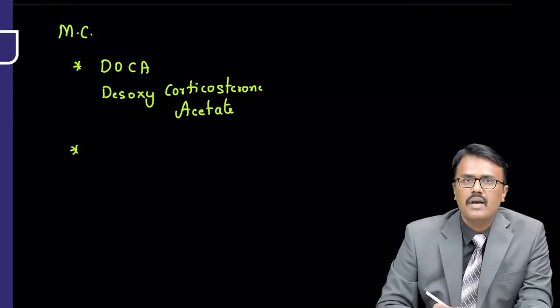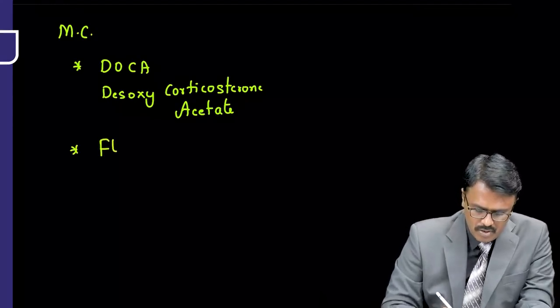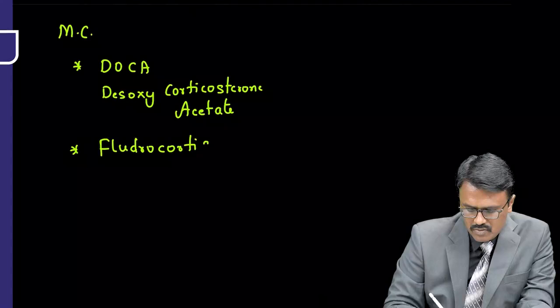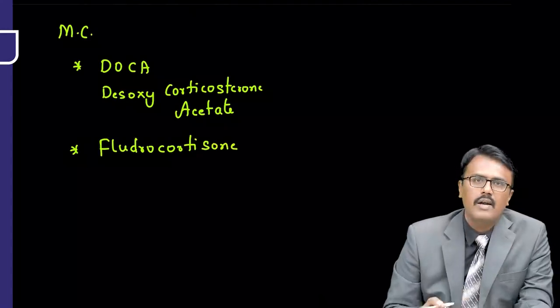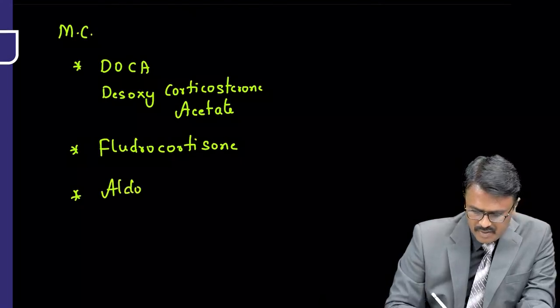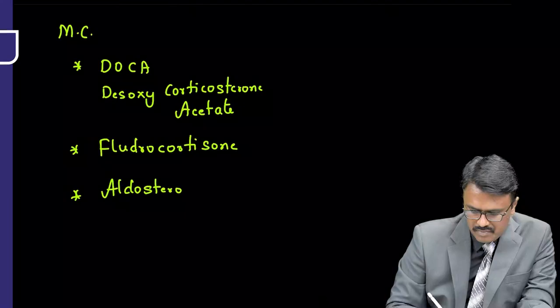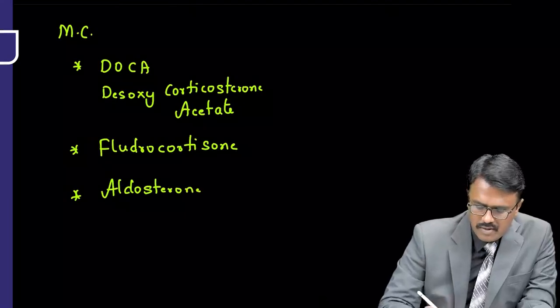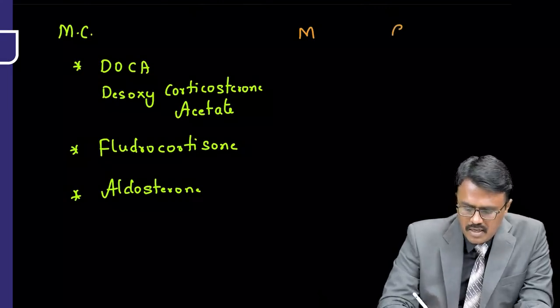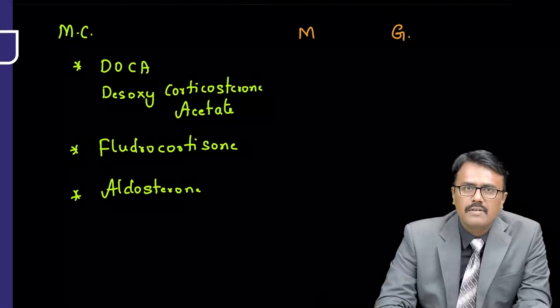Then apart from that, we have a drug by the name fludrocortisone. And the endogenous one is called aldosterone. Now these have the mineralocorticoid property, that is sodium and water retention property, as well as glucocorticoid activity.